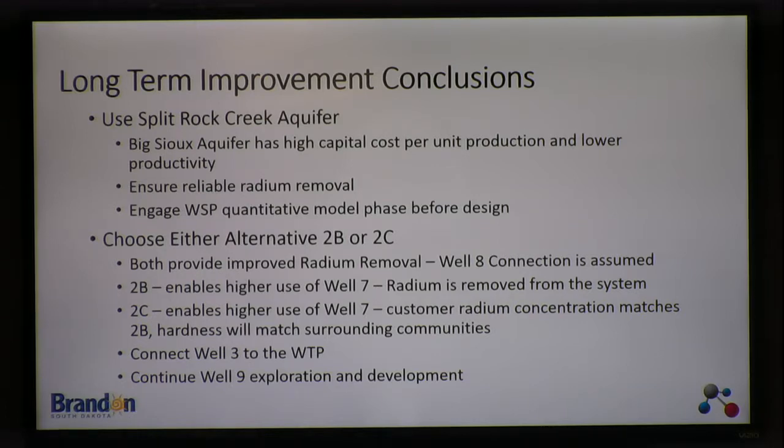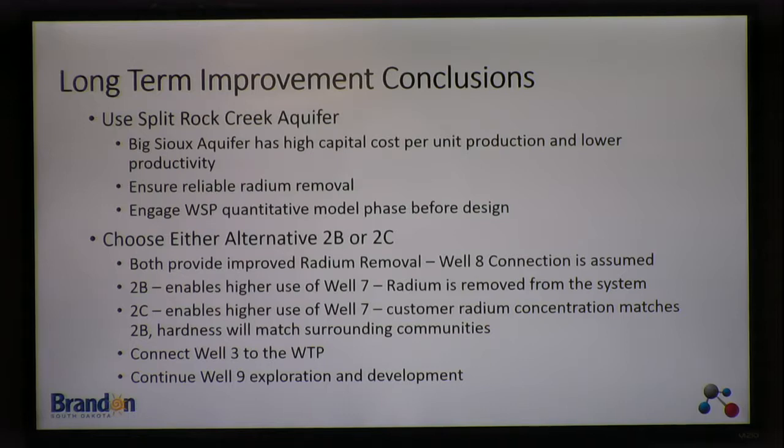Okay, so coming out of this, our conclusions are, it would be appropriate for Brandon to consider alternative B or C for treatment, if the costs for that, in conjunction with other costs that are being imposed on the water rate, are appropriate for the city of Brandon. 2B enables higher use of well 7, as compared to what is being used right now. 2C enables higher use of well 7 as well, because you're getting additional radionuclide removal.